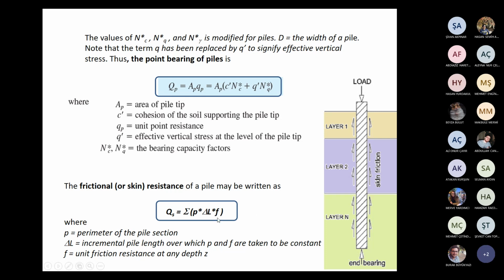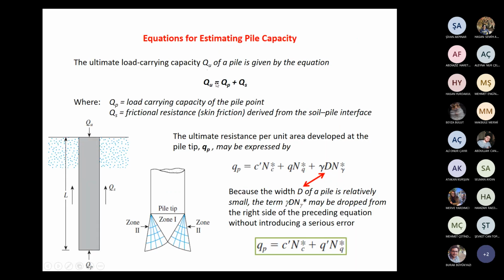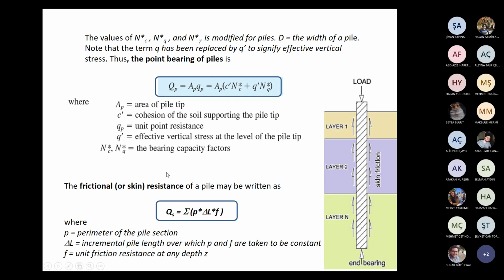When multiplied by f, the unit friction resistance at any depth, for this soil or any soil, and taken cumulatively, the result is the total shaft resistance or skin resistance. And total capacity, Q ultimate, is the summation of Q sub P and Q sub S, the summation of these two.